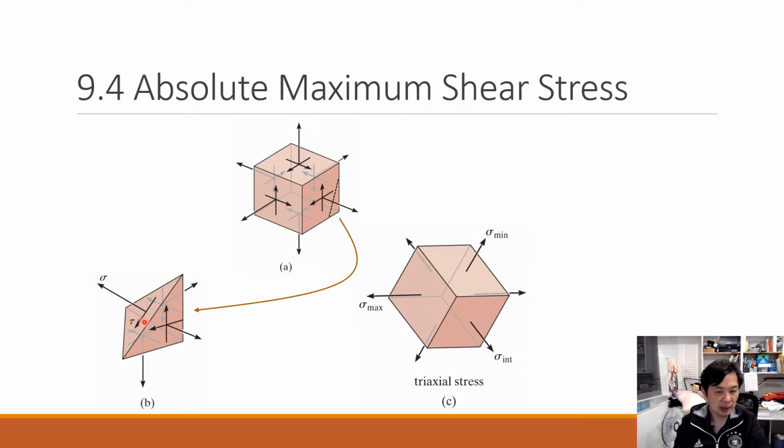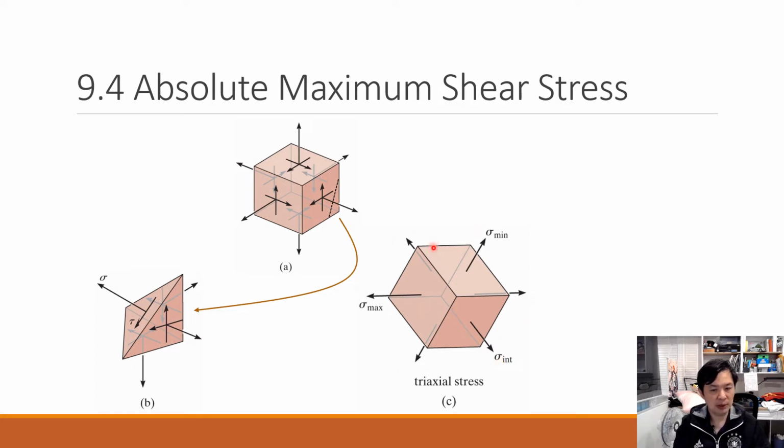Once we find a specific orientation, we have a chance to find the principal stresses. Three principal stresses, we call it triaxial stress. In this stress state, we have maximum, minimum, and intermediate stresses, and all of them belong to principal stress.